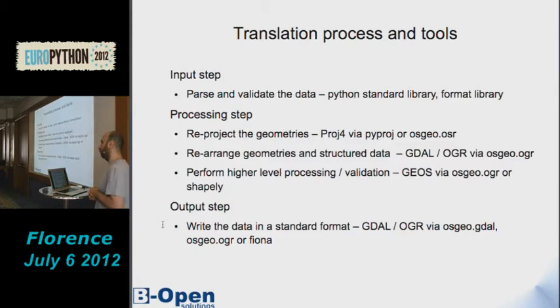And after that, you have to make quite a few choices on how to arrange geometries and structure data within your new file format. You want to conserve the meaning, the semantics of your data, but put it into a shapefile, for example.